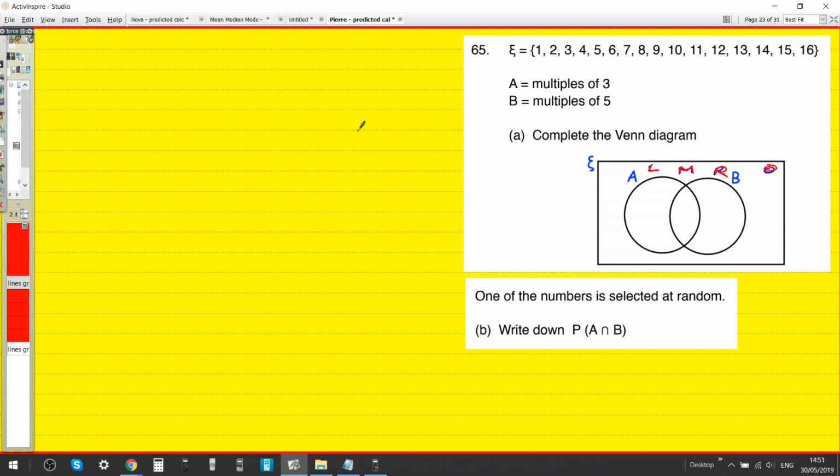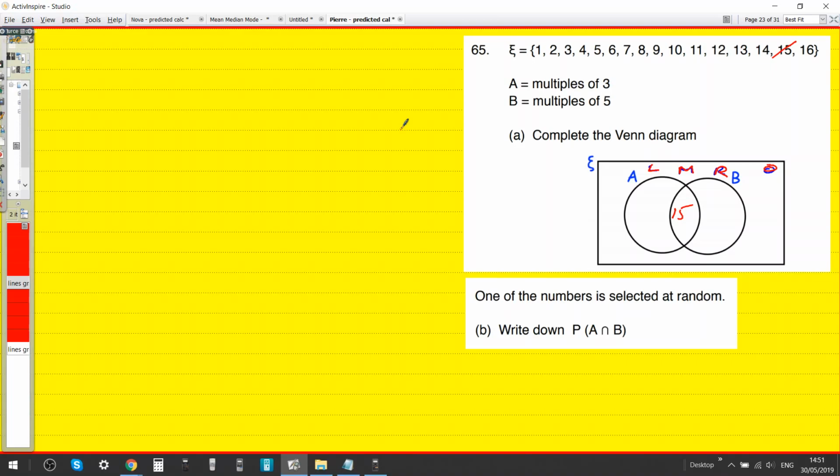So common multiples of 3 and 5. So 15 would go in the middle. It looks like that's it. Yeah, that's it. So with 3, it's just going to be 6.